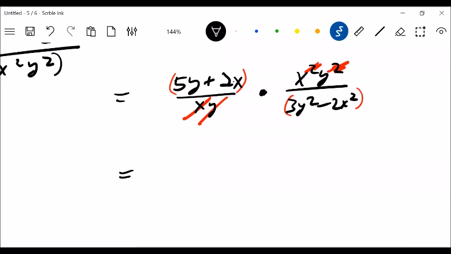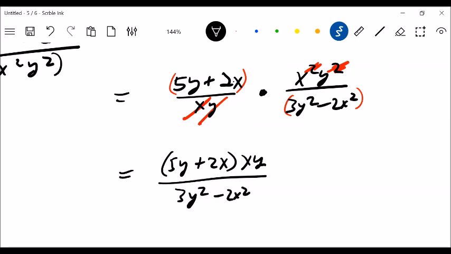So now I'm going to multiply this, or actually let's show it cleaned up. 5y plus 2x times xy, and on the bottom, we have 3y squared minus 2x squared. This is now 1 here, and 1 times that is that. And so we're going to multiply xy into the top, into both of those. So I have 5xy squared plus 2x squared y.